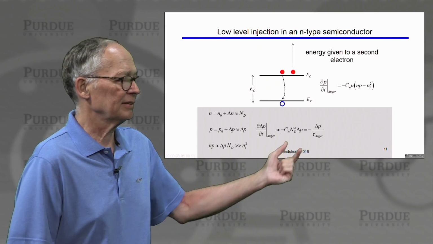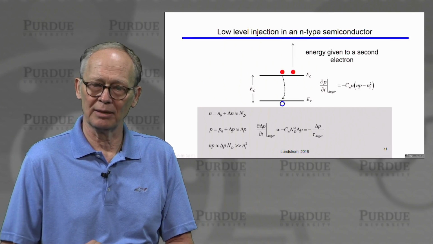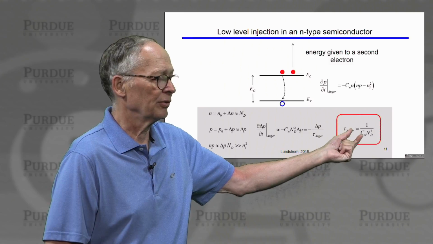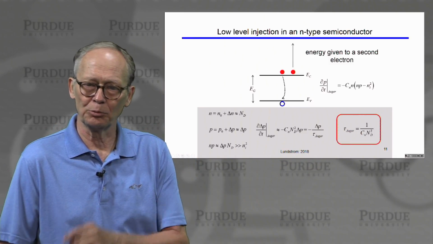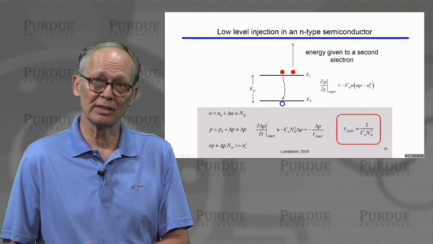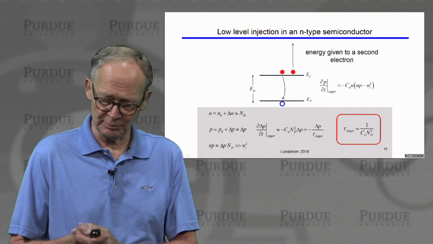Or I can lump things together into another characteristic time I'll call the Auger recombination time. That Auger recombination time is 1 over this Auger constant times Nd squared, the doping density squared. So you can see that if the doping density gets very large, this Nd squared could become very large, and this term could become important.